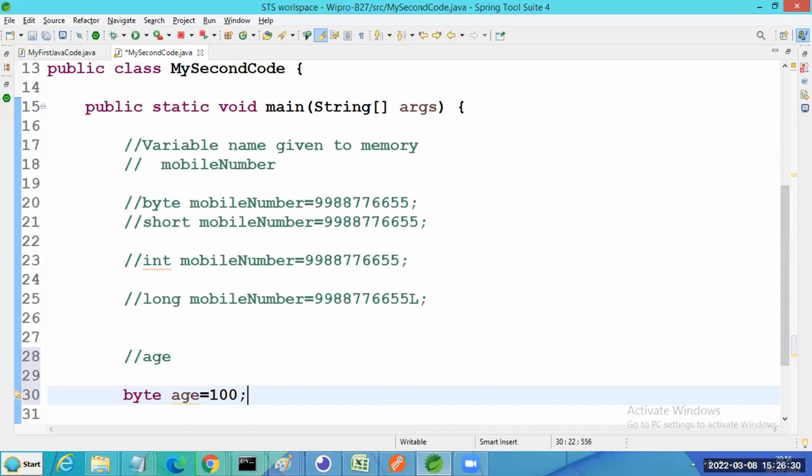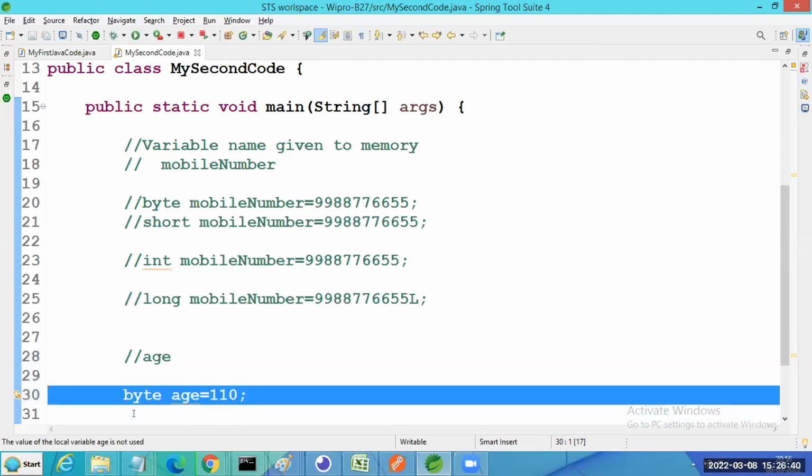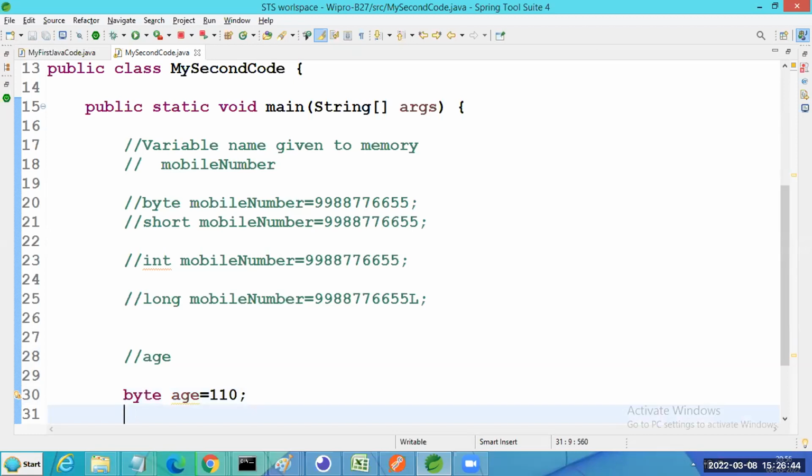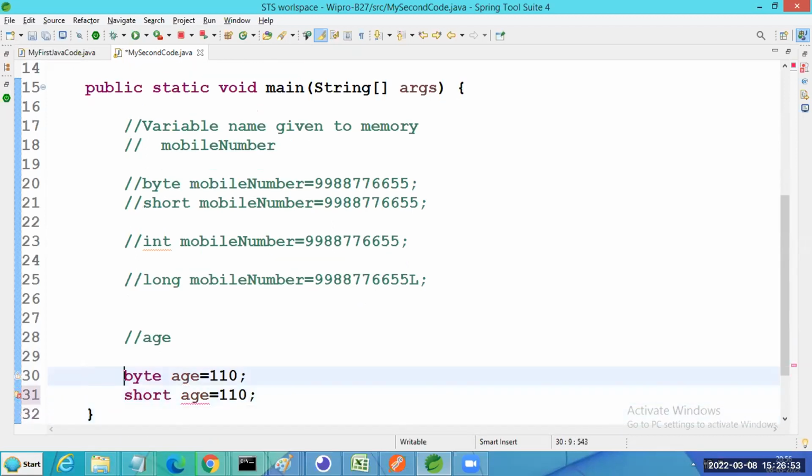Yes, 100 can be stored in byte, right? Okay. So let's say 110 is the maximum one, some exceptional case. Is it still valid? Yes. Same value can be stored in short as well.